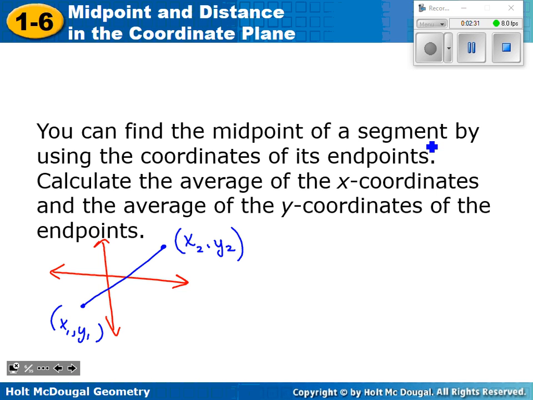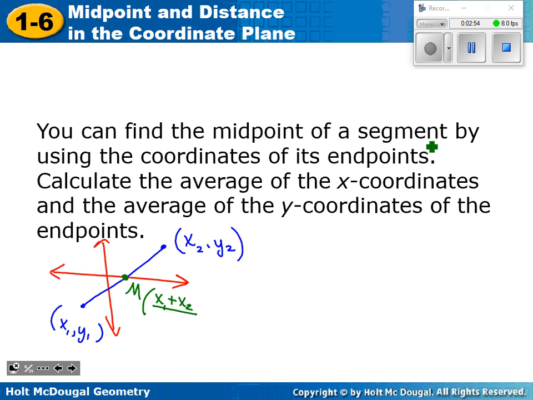So if I have 2 endpoints, what I can do to find the midpoint is just simply add my 2 x values and divide by how many I have. So I can do x1 plus x2 and then divide by how many x's do I have? No, not y's. What did Nathan just say?